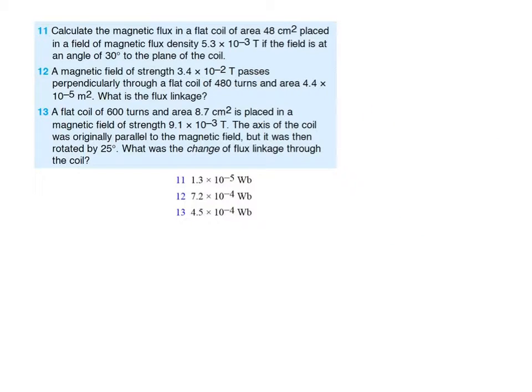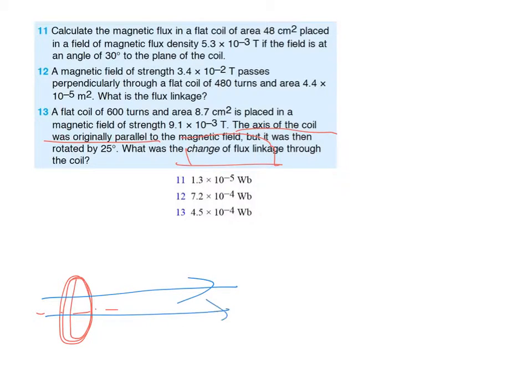So here are the answers, and if you had a bit of trouble with question 13, there's just a few things to consider. Firstly, we're considering the change in flux. So you need to work out the flux at the beginning when the axis was originally parallel. If this is your coil, the axis is that line in the center, and if it's parallel to the field lines, then what you have is the maximum situation.